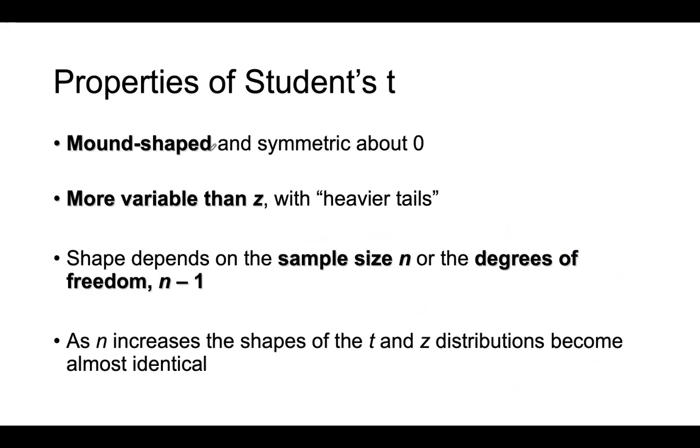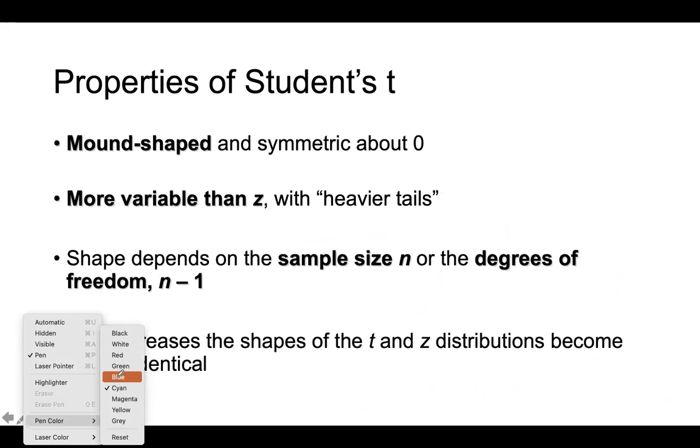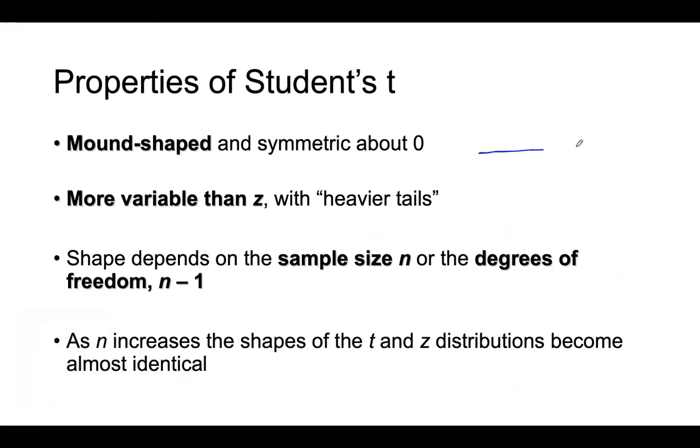So there are properties of the student's T. We see that it's mound shaped and symmetric about 0. So we noticed from before, again, that it's mound shaped and symmetric about 0. It is more variable than Z. So basically it has heavier tails, if we remember.